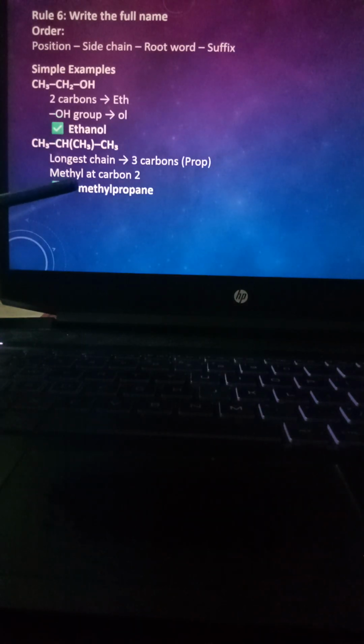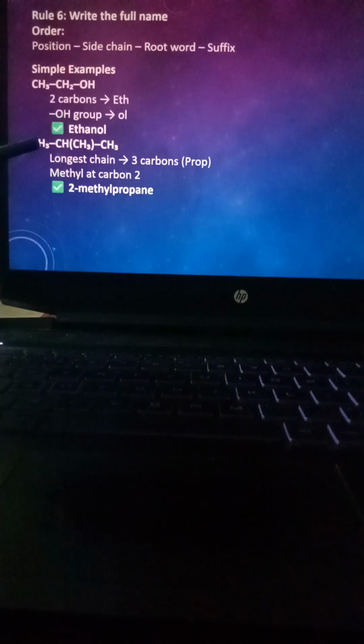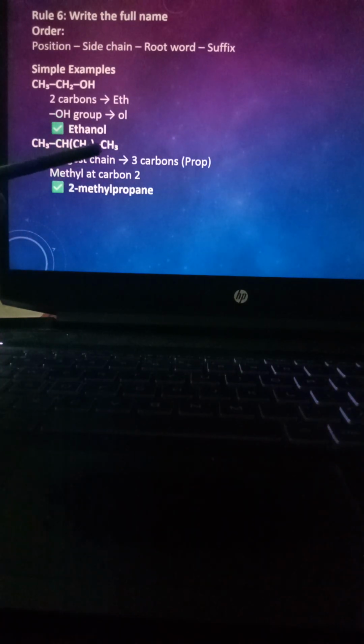So how can we name it? As I already told you, we should mention the position. Position is 2. The side chain is an alkyl group named methyl. CH3 means methyl. How many carbon atoms are in the main chain? 1, 2, 3. So prop, single bond, so ANE, propane.